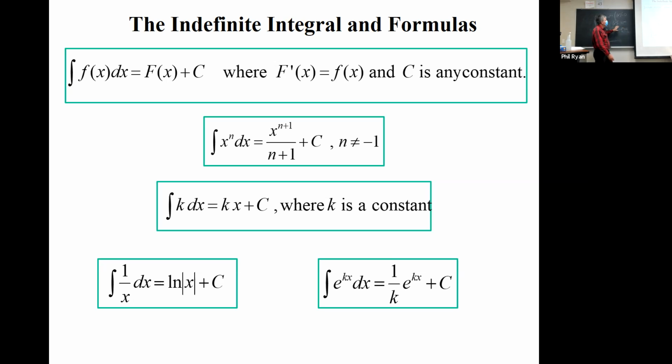Okay? But we want a formula for the antiderivative of e to the kx. So that means we've got to divide everything by k. If we divide by k, here we get the integral of e to the kx, and here we get e to the kx divided by k, plus our constant.